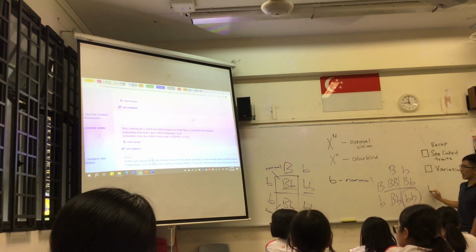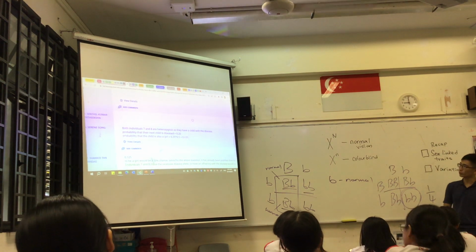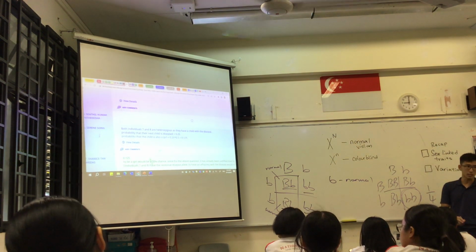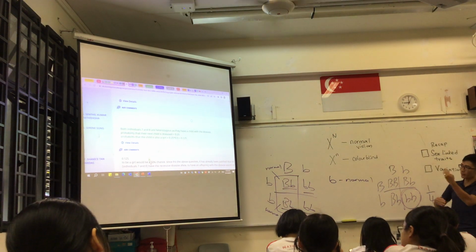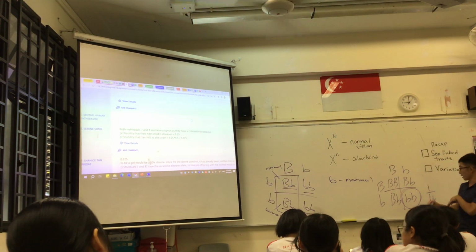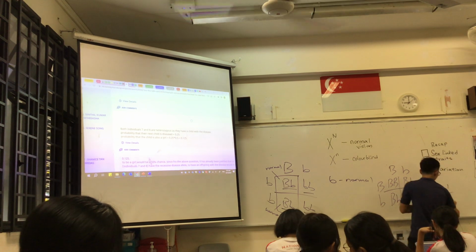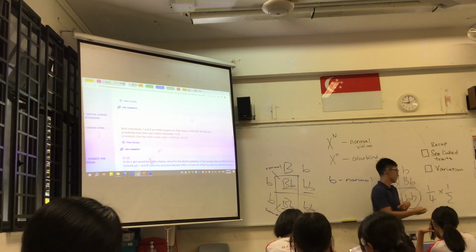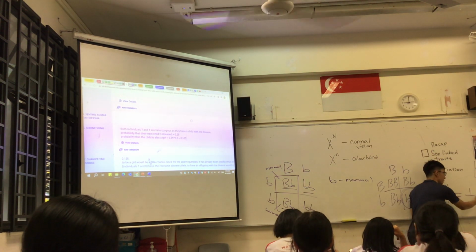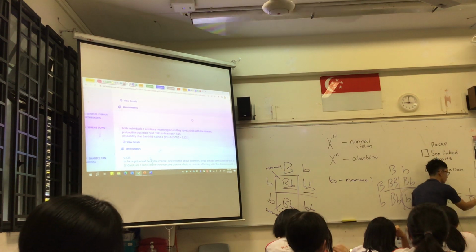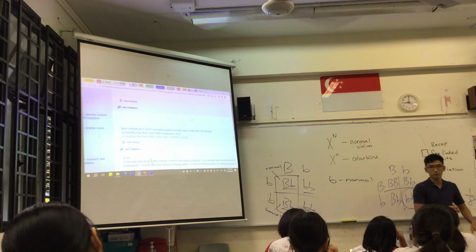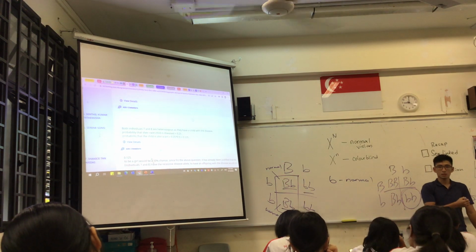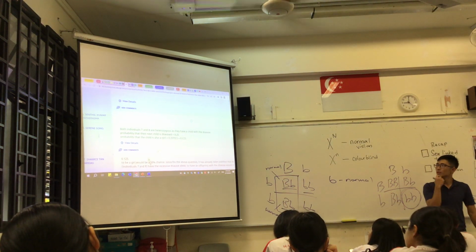So there is a 1/4 chance or 0.25 chance that the next child will have the disease. So that's the first probability. Then she adds on another probability, whether it's a girl or boy. That will be half the chance, either girl or boy. You multiply both together, it will be 1/8, or 0.125 chance that it's going to be a girl with the disease. So that's how you work the probability out.